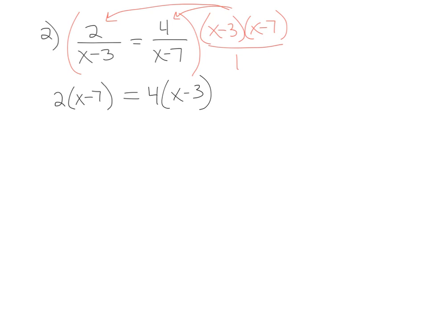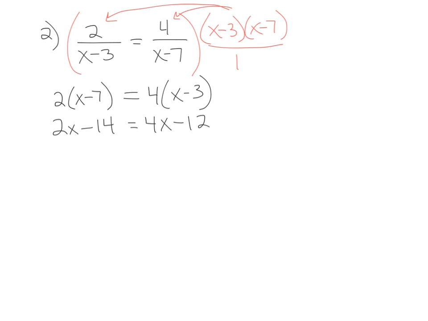Now just continue here. This is a linear problem. Distribute on the left side, you'll have 2x minus 14. Distribute on the right side, you'll have 4x minus 12. Let's get all the x terms on the same side, so let's subtract 2x. Actually, let's subtract 4x.